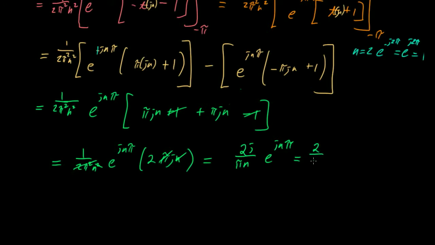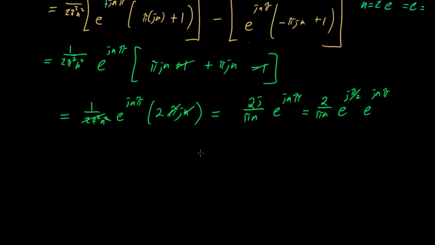We're almost done. So this is negative j pi n minus j pi n, so that's minus 2j pi n. Negative 1 minus negative 1 cancel out. So this is now e to the negative e to the j pi n.